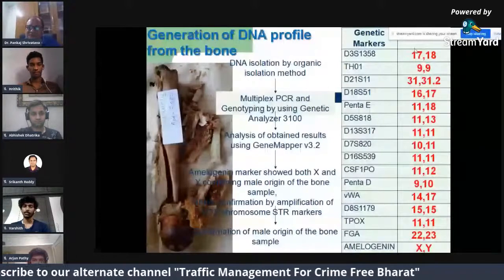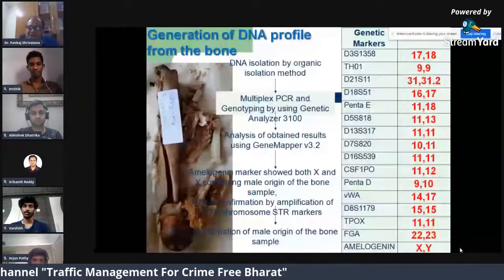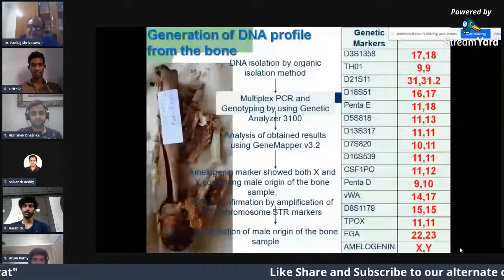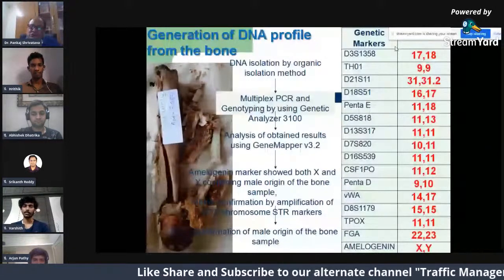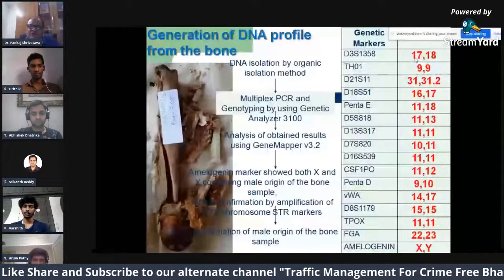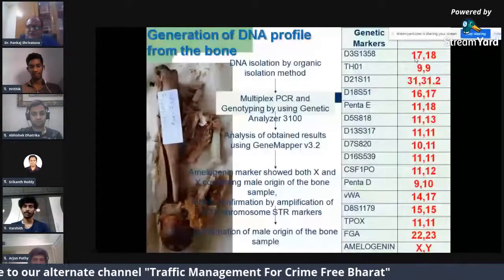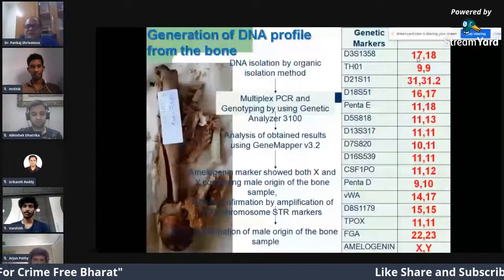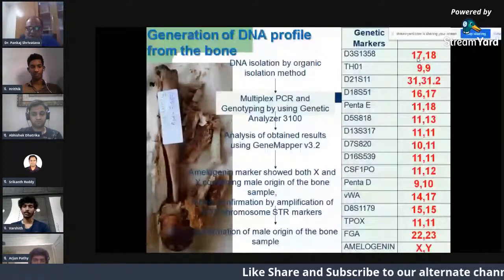Okay, now by seeing this profile, it is clear that this is an autosomal profile. So on an autosomal profile, you should not expect more than 2 numbers on any particular point. Out of these two, one number comes from father, the other number comes from mother. So this I'll show you again after a few slides.